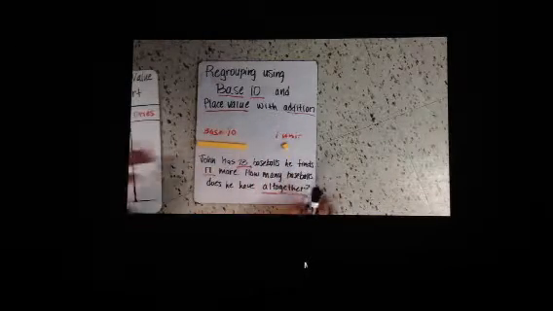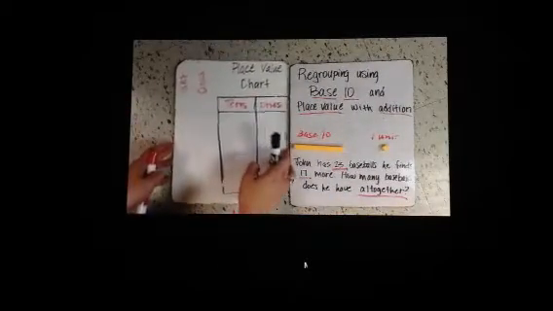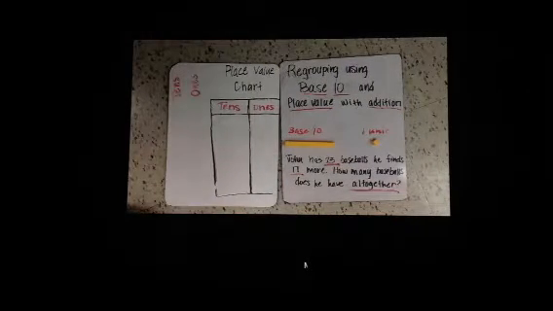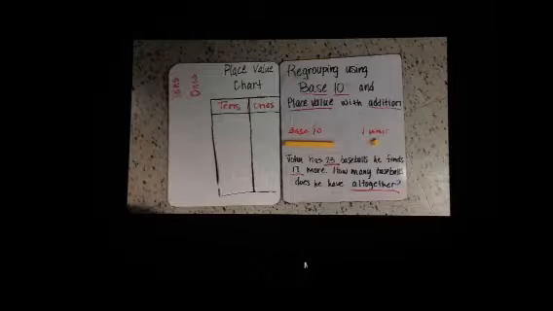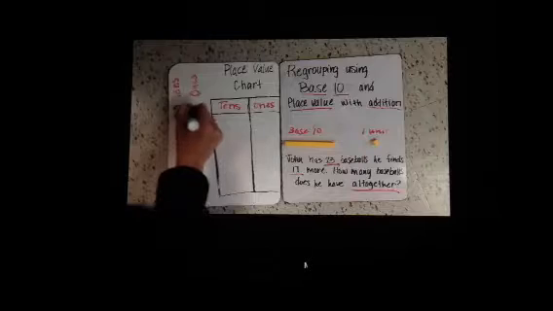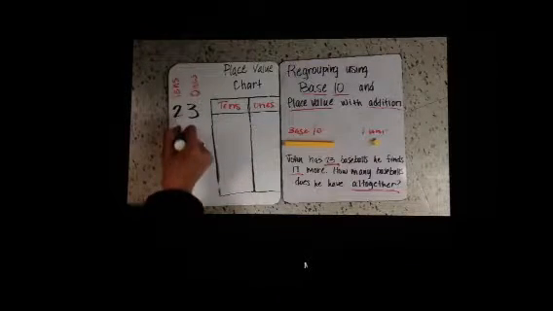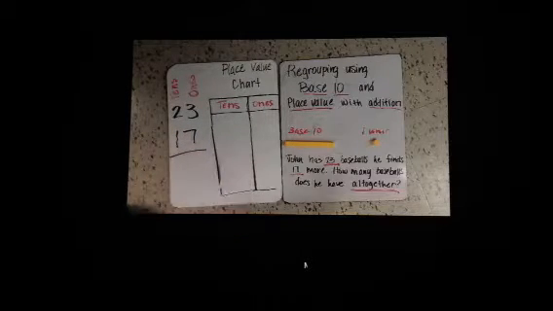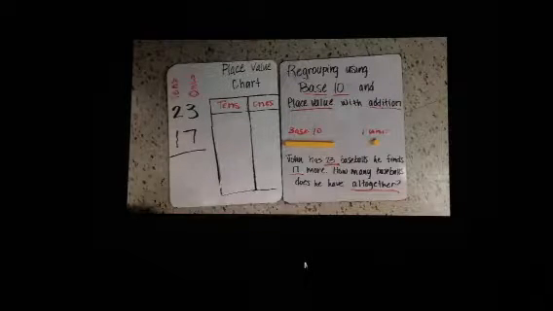Using our place value chart, we're going to set up our problem. We know that John has 23 baseballs and that he finds 17. The word altogether tells us that we're going to add.